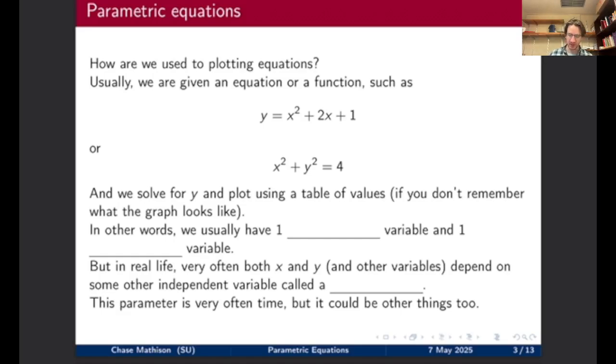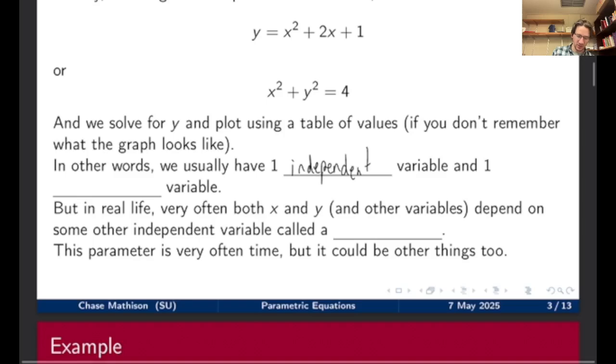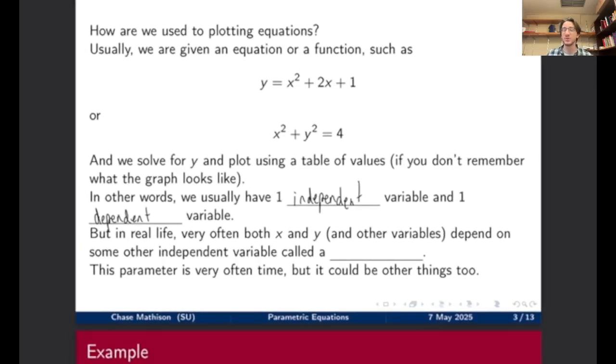So, in other words, typically what you have is one independent variable, and one dependent variable. I choose a bunch of x's, my independent variable, and then find the corresponding y's, my dependent variable, and then I can plot the points accordingly, and then connect the points in a smooth curve.